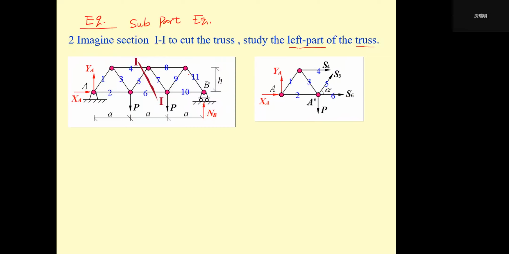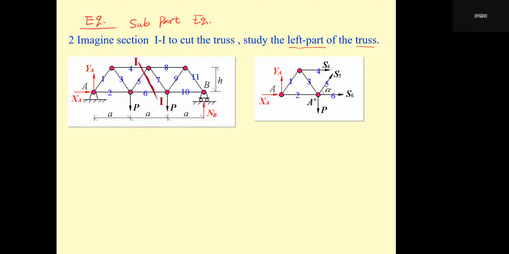So actually, we use this so-called imagining section 1-1. It's very interesting, a special coincidence: it cuts members 4, 5, 6 into two parts already, right?